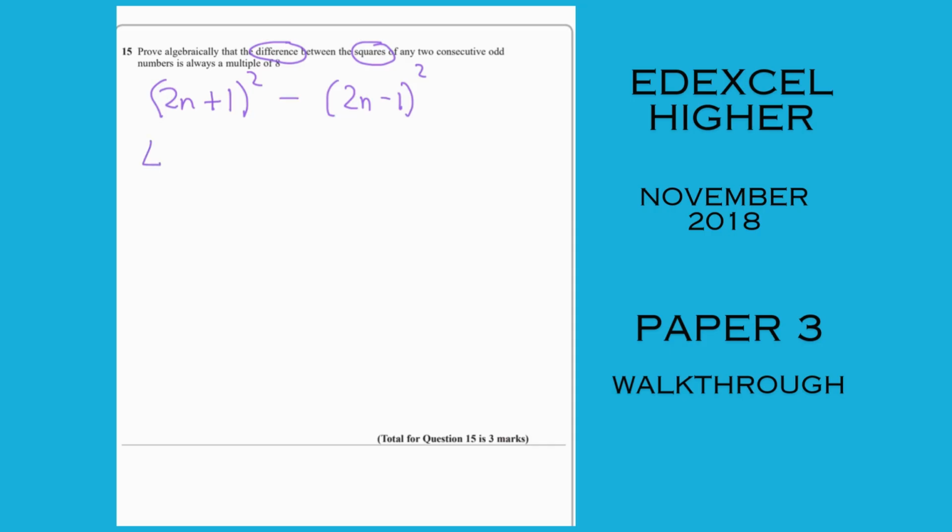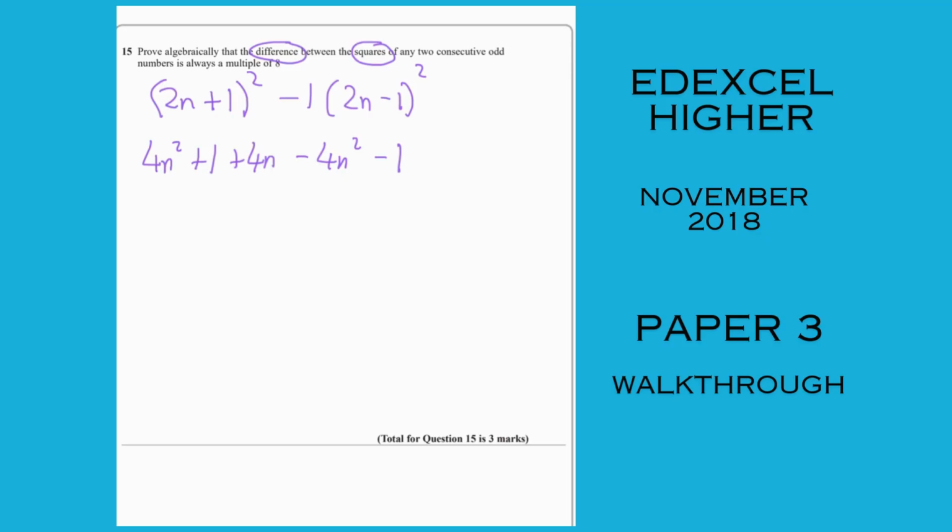So, square the first, square the last, times the two together and double it. Do the same here, but don't forget it's timesing by a minus 1. So square the first is 4n squared, but it's a minus. Square the last is positive 1, but it's a minus.